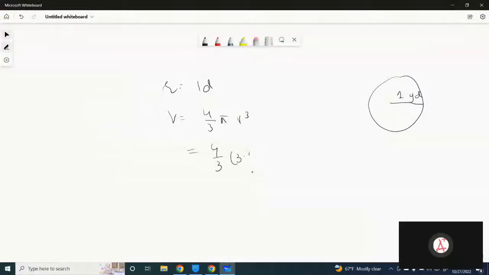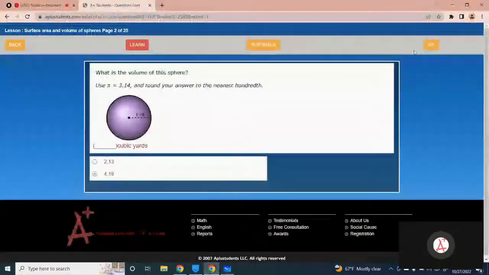Pi is 3.14 and r is 1. 3.14 times 4 is 12.56, and divided by 3, it is 4.19. Got it? So the volume is 4.19. So just select the correct option then click on the OK button.